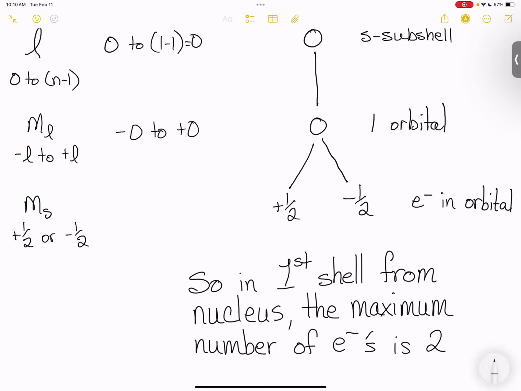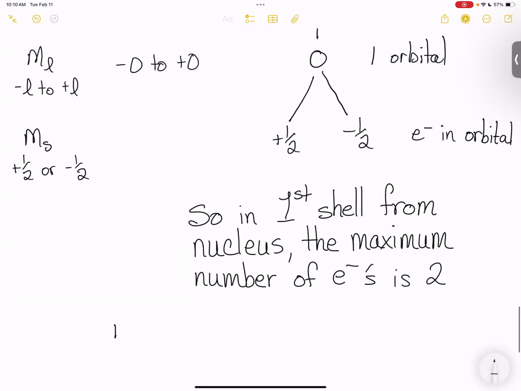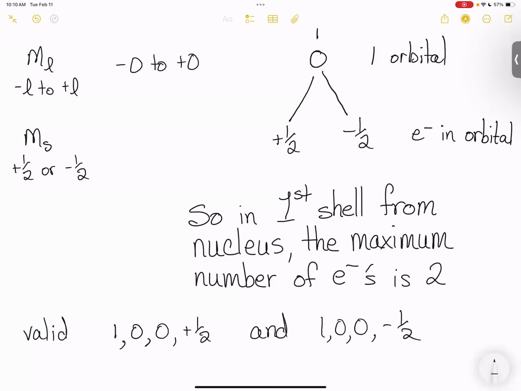Questions? So as far as valid, 1, 0, 0, plus 1/2 and 1, 0, 0, minus 1/2 would be valid sets of quantum numbers.